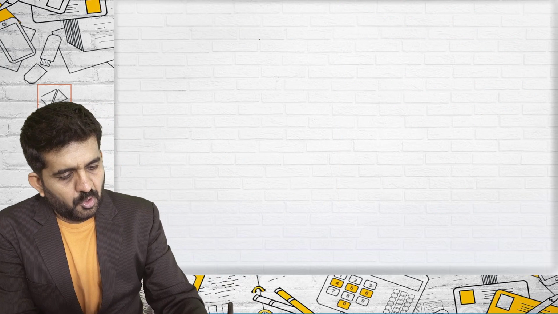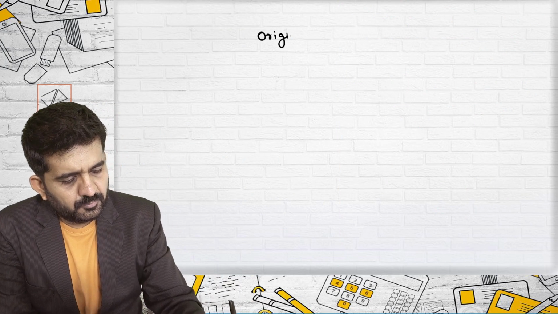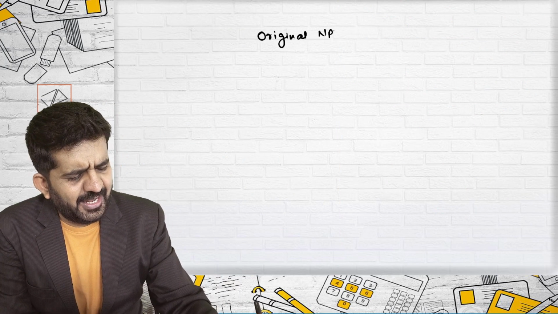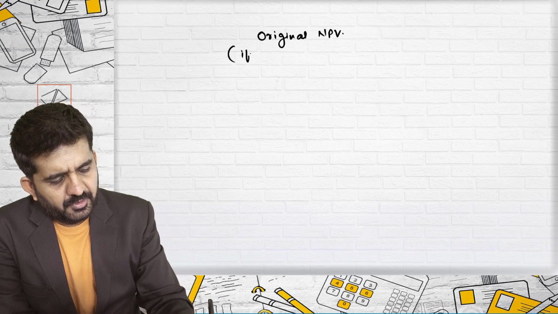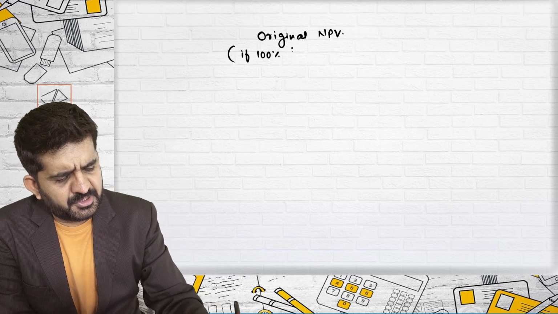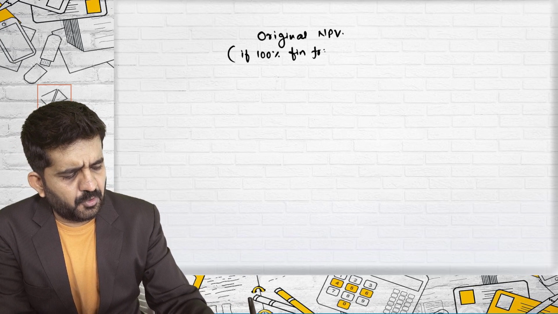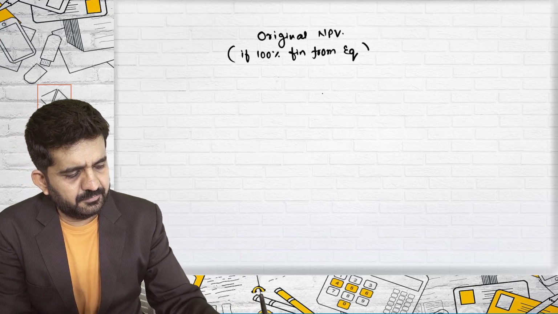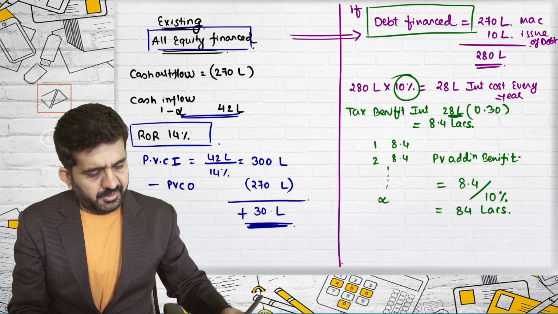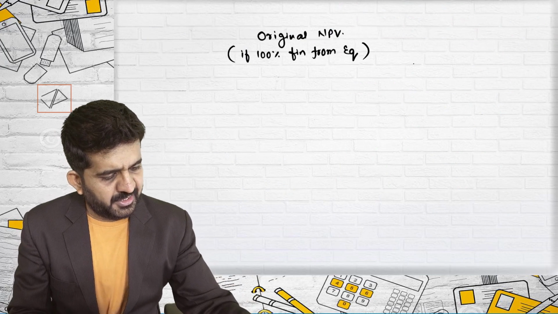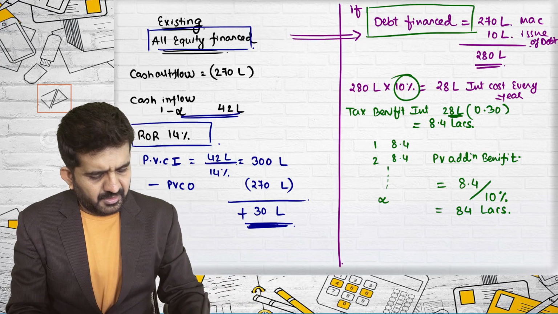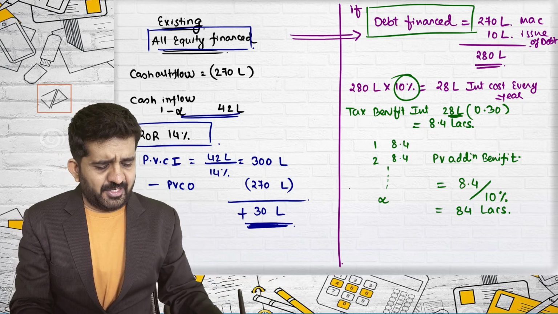So what was original NPV if 100% was financed from equity? It is original NPV. Let me take original present value of cash inflow.